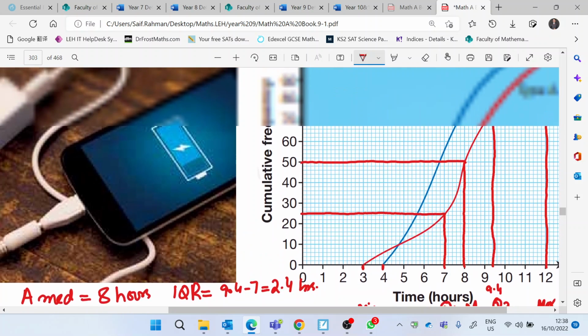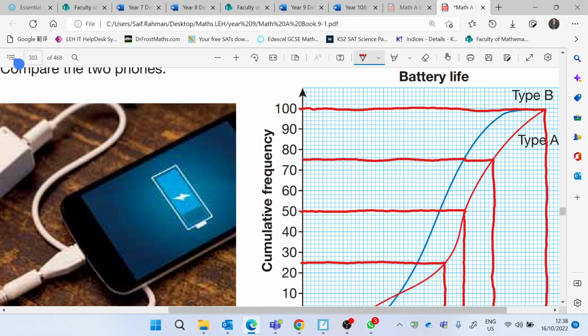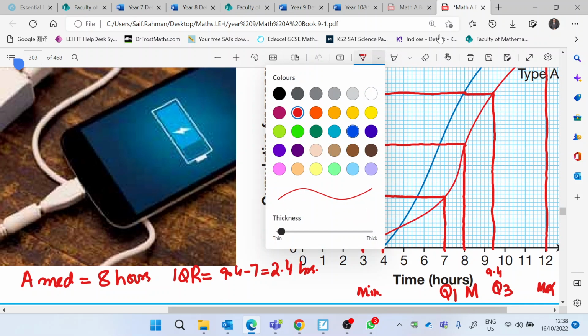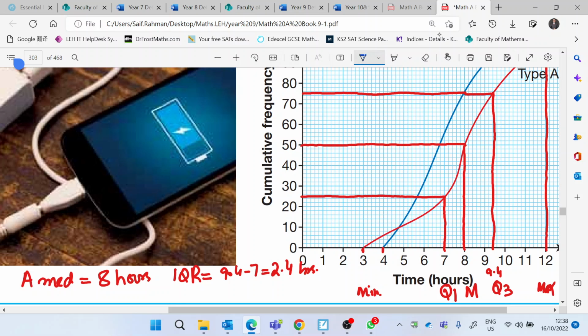Now let's calculate the same for the blue ones. Since the frequency is the same, I just use the blue pen here. It has the same maximum of 100, the minimum is 4, and for quartiles it's the same here except this one, right? So their Q3 is here.